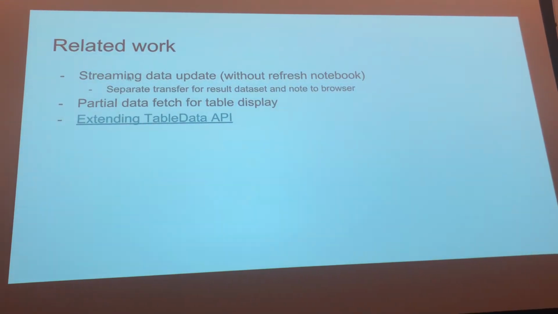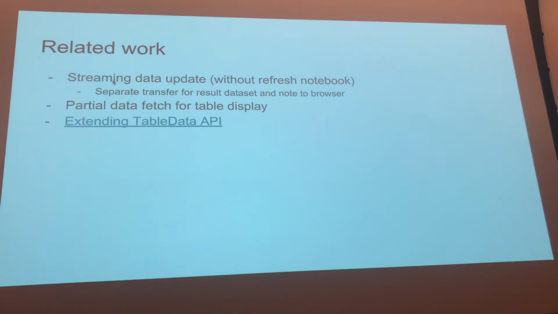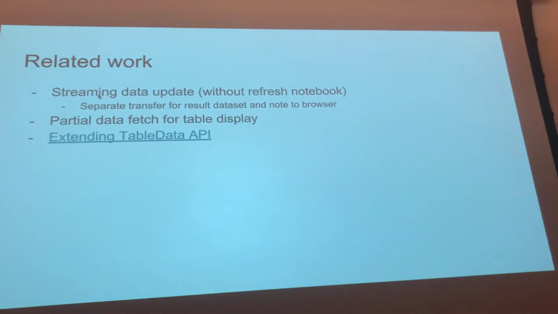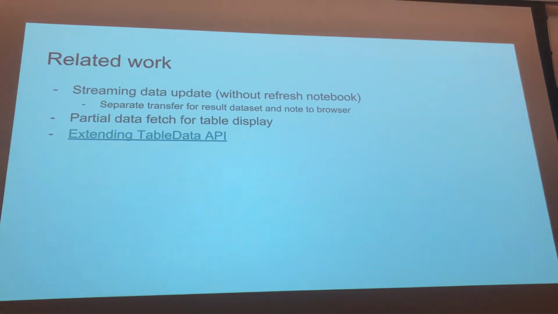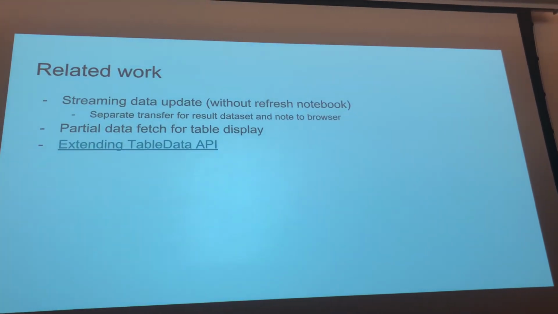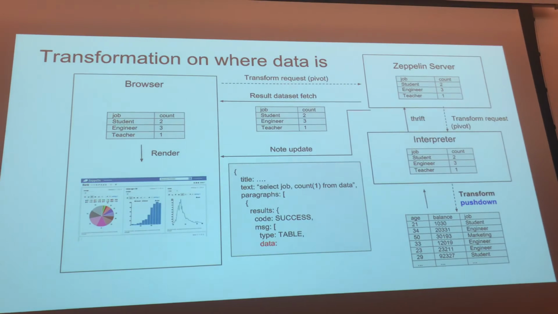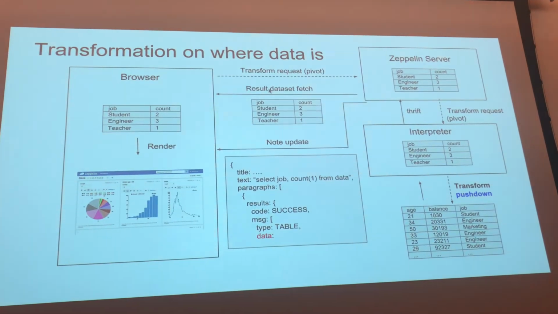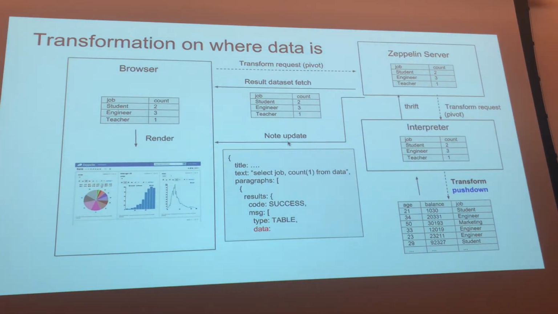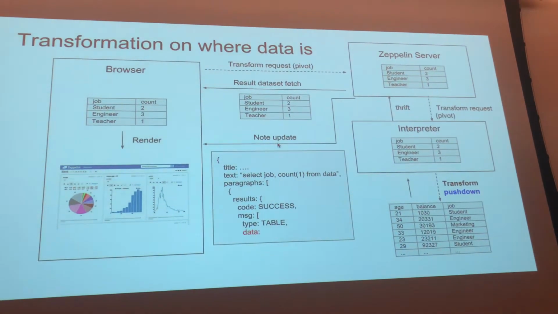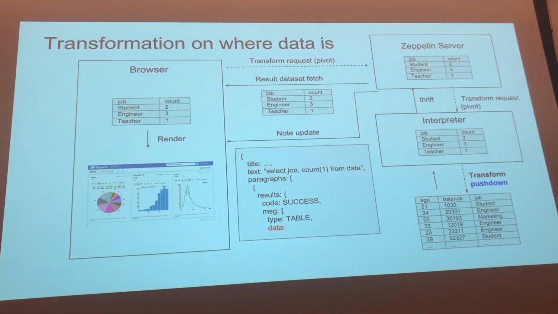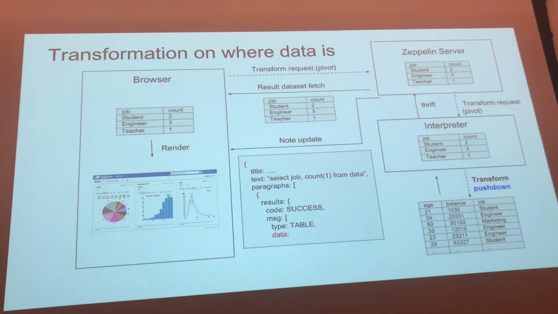And once it's done, I think a lot of benefit will be generated by this improvement, because the data fetch pipeline and the notebook fetch pipeline need to be separated. That means you don't have to refresh the notebook to refresh the data.